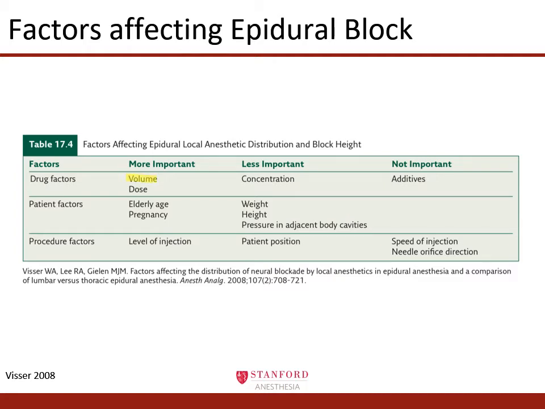The most important thing to understand is that the volume of the dose is far more important than the concentration. So, if you're hoping to achieve a higher dermatomal block, then more volume will be required in order to achieve spread to those nerve roots.